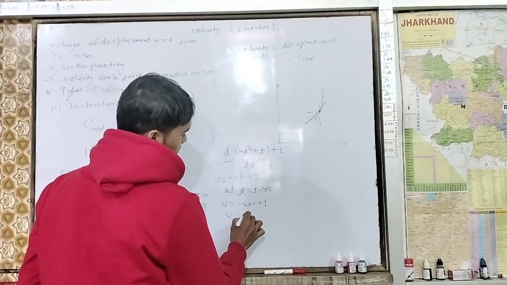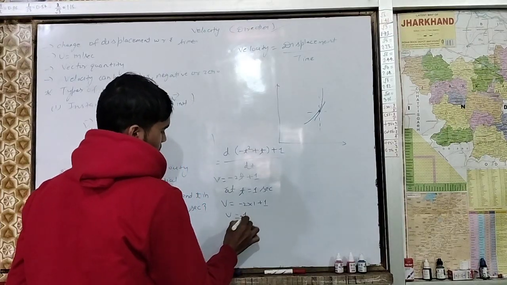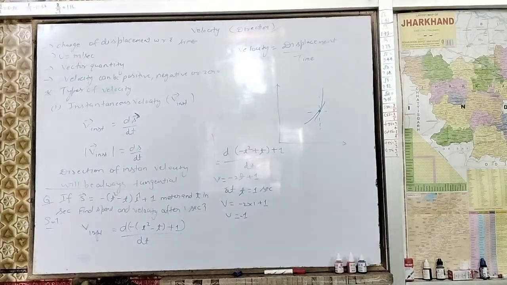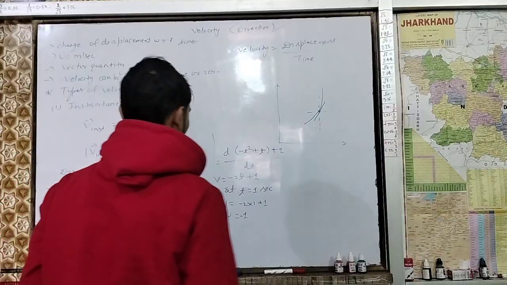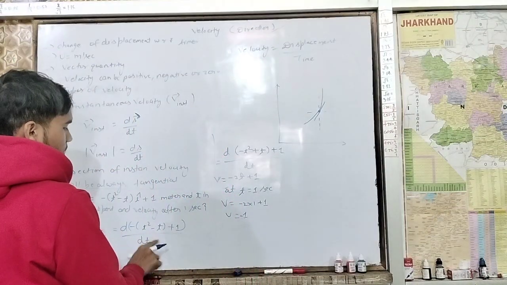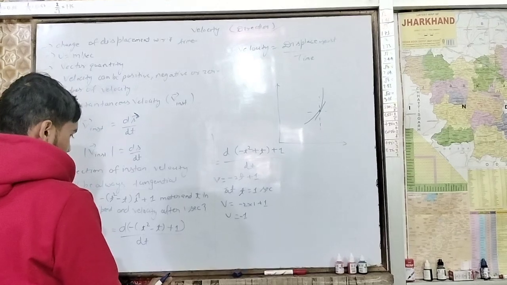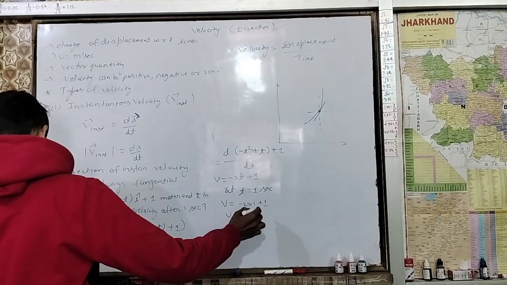So velocity came as minus 2 plus 1, which means minus 1. Minus means it is decreasing, minus 1.